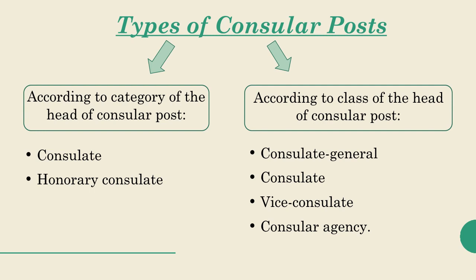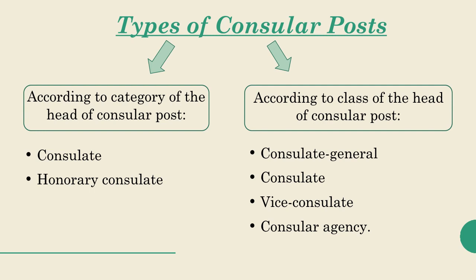The provisions of Chapter 2 of the present convention apply to consular posts headed by career consular officers. The provisions of Chapter 3 govern consular posts headed by honorary consular officers. So, according to this classification, there are two types of consular posts. The first is a consulate and the second is an honorary consulate. About the honorary consulate we will talk in the next lecture.